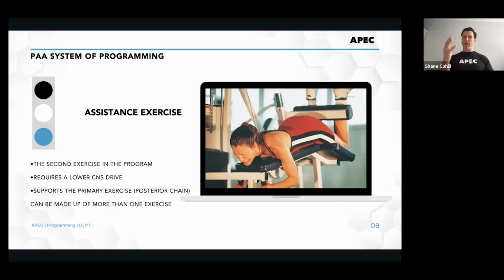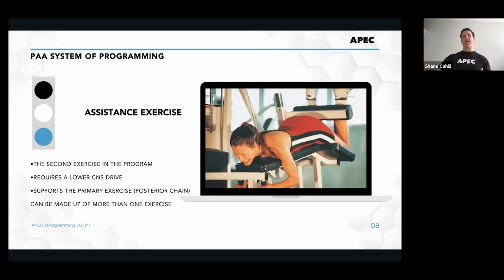So if we think about our primary exercise being our squat, a good assistance exercise is something like an RDL or a hamstring curl. Why? Because we know that the posterior chain supports someone's ability to perform an exercise like a squat.